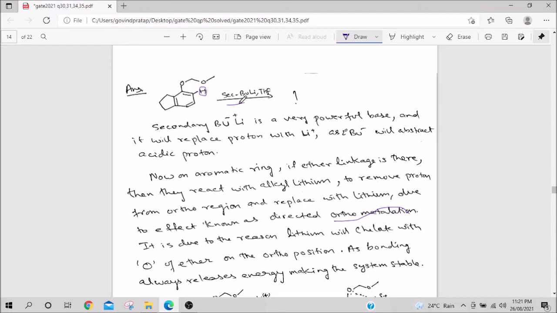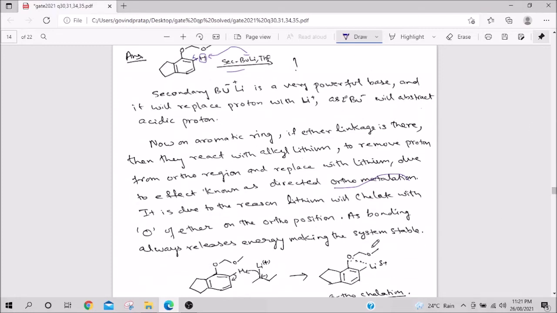So basically what happens, here secondary butyl is there, this secondary butyl will take away this proton, so that carbon gets a negative charge, and then the carbon forms a bond with lithium, and you will get lithium in the ortho position. It removes the proton, you get a negative charge, it attacks, you get lithium in the ortho position. Now lithium forms, because on the ortho position just next to it there is oxygen.